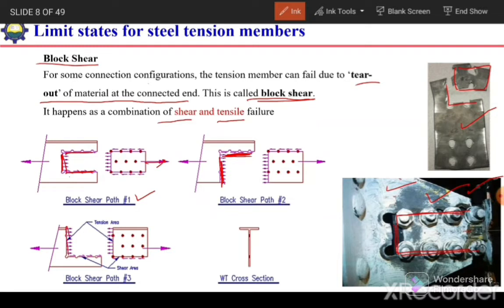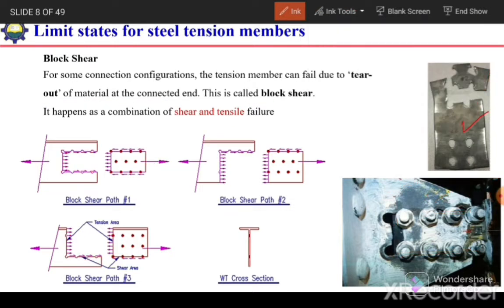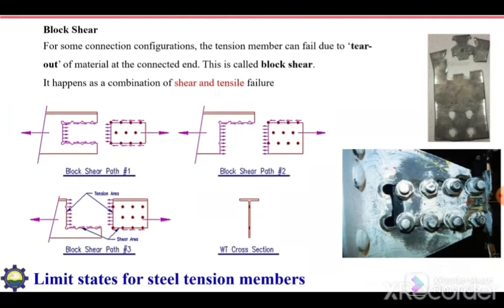Or it may be opposite to that: on the bottom side there is shear along the bolt line, and on the upper side there is tension rupture. If we see this figure, here along this line there is shear rupture, and on this line there is tensile rupture. So this type of failure is termed block shear.